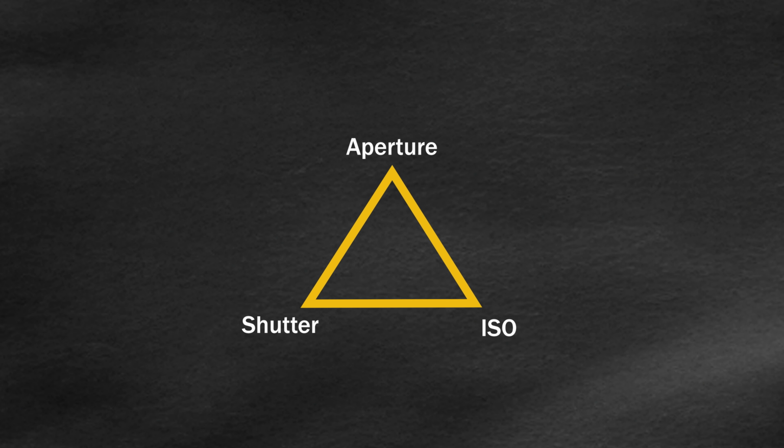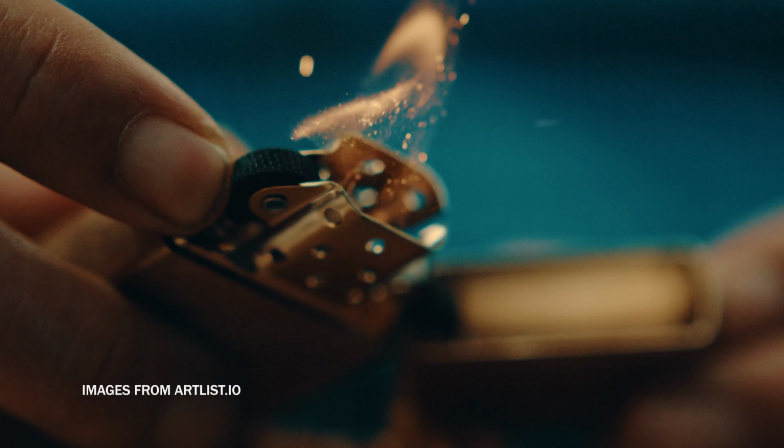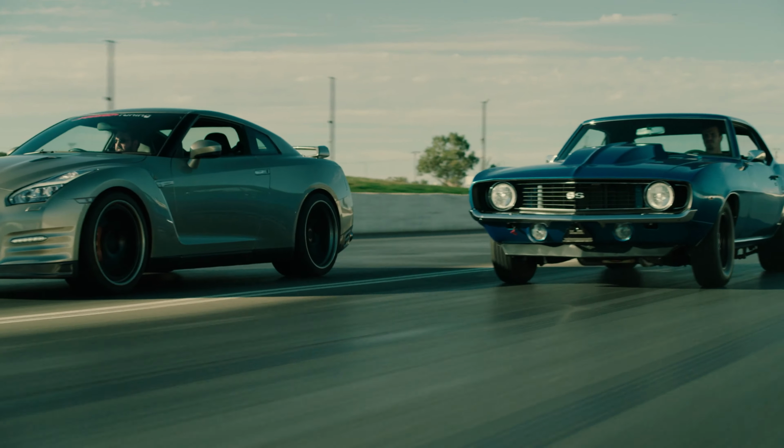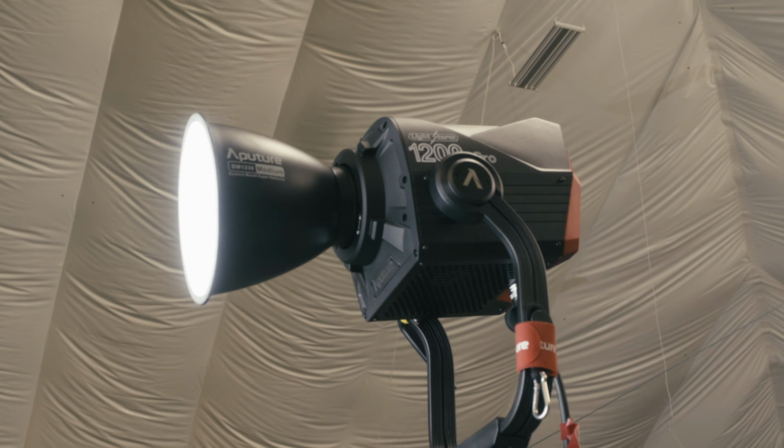Mastering this will give you full control over your images, getting you a lot closer to that cinematic look you're chasing. And later in the series, we'll build on things like composition, color, and how to actually apply this knowledge in the field. Next episode, we're diving deeper into aperture, more specifically how to use it to create cinematic images.